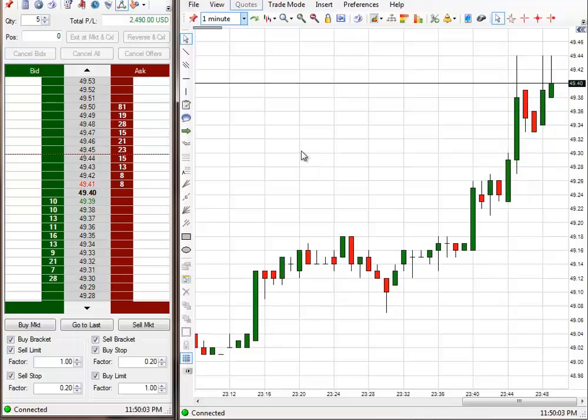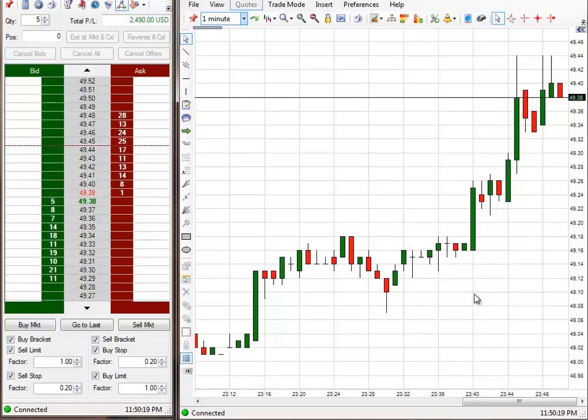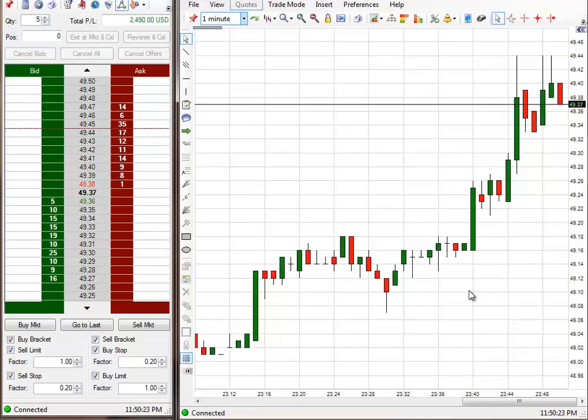Cool, huh? That's what I tell people, oil moves like nothing else. Nothing moves like oil does. It's incredible. You can make money during the Asian session. You can make money during the Euro session. You can make money during the USA session. You can make money during the late USA session like I do every day. And there's no trading instrument like oil.